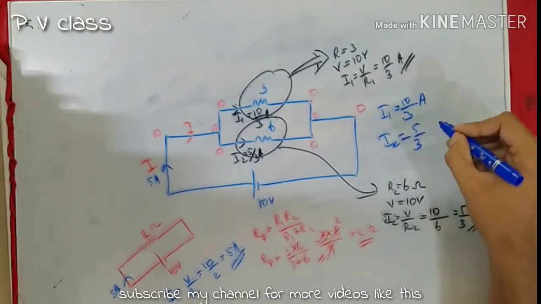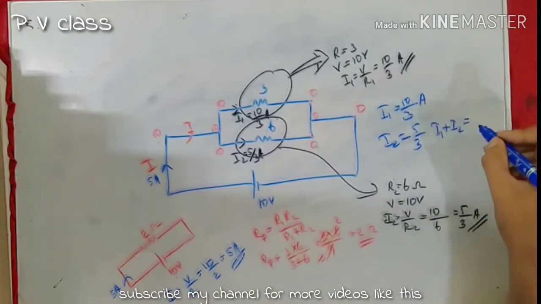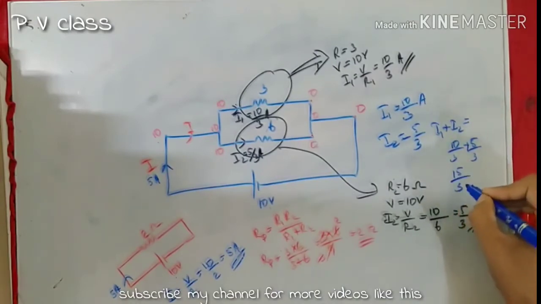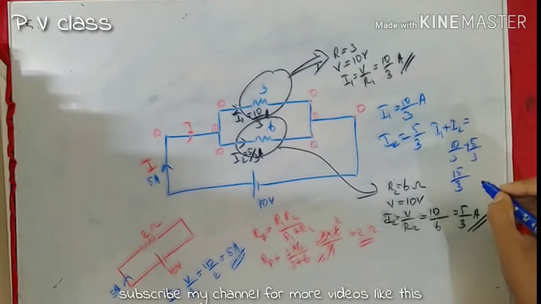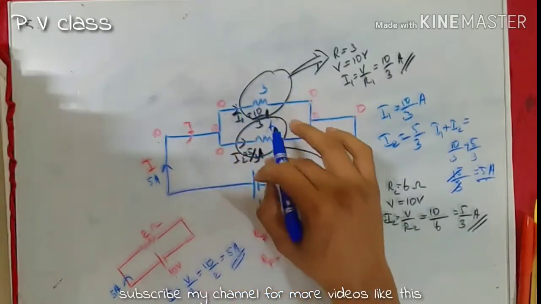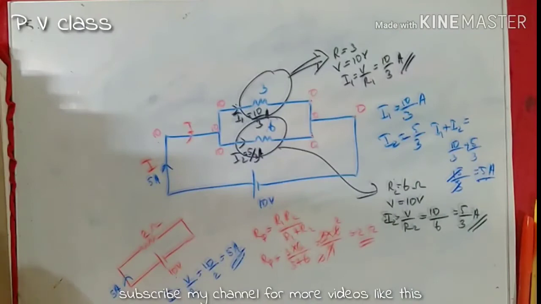And what is I1 plus I2 in this case? It is 10 by 3 plus 5 by 3, that is 15 by 3, and 15 by 3 is what? 5. Therefore, this 5 ampere is branching into 10 by 3 and 5 by 3. Now we understood the parallel combination also.